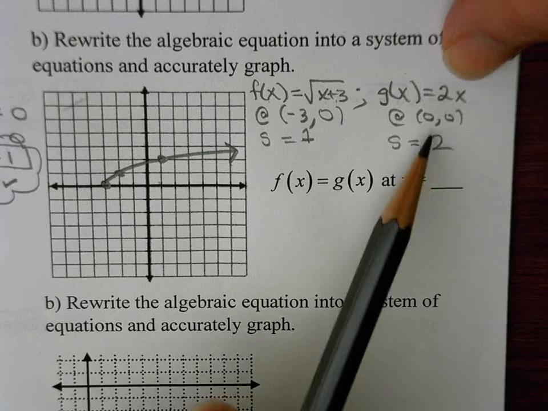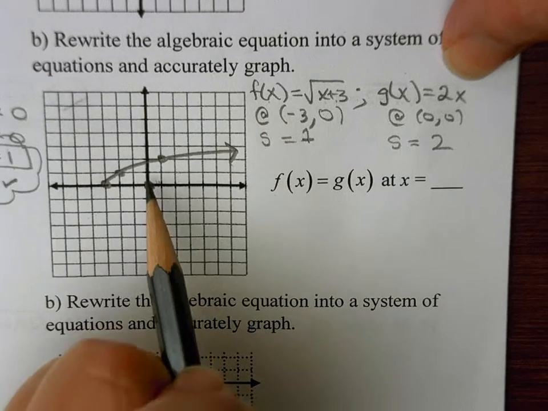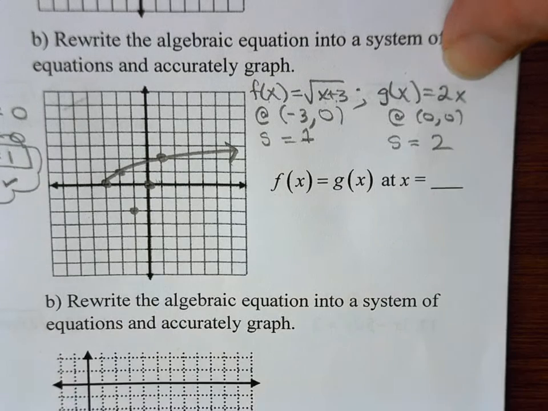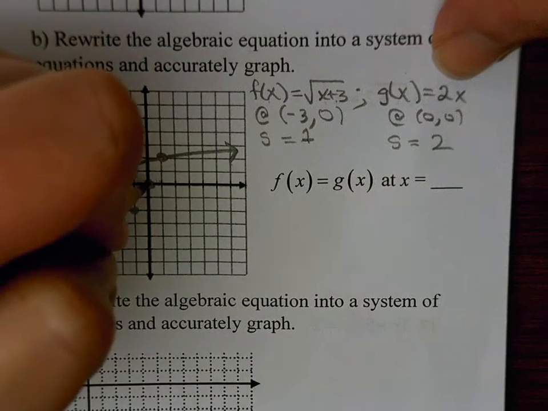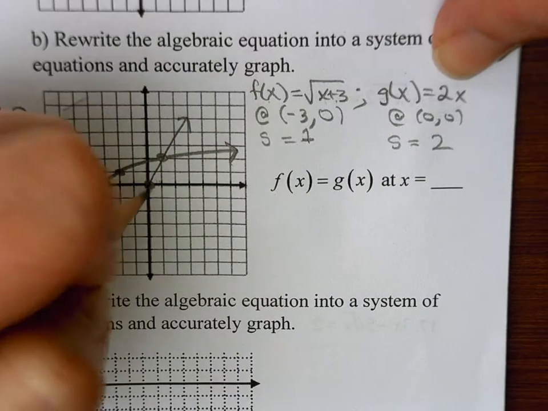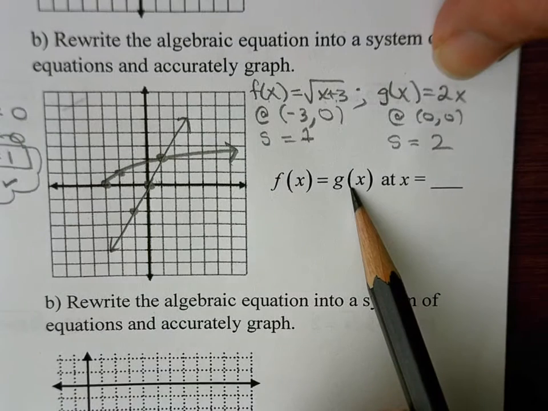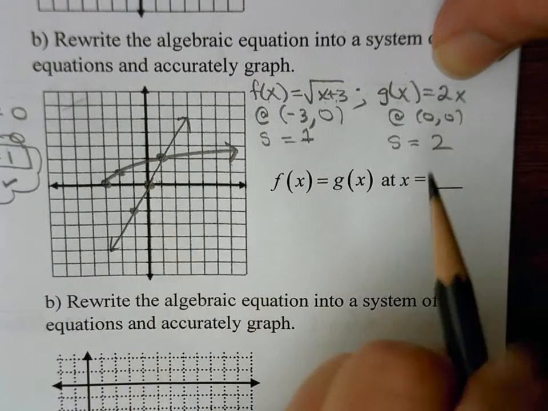So for this graph, my start is at 0, 0, and my stretch is 2, so I'm going to go up 2 over 1. And then I'm also going to go down 2 over 1, because this is linear, because I'm not squaring anything and I have no square root. So then I'm going to connect those dots. And so f of x is equal to g of x where the two graphs intersect, and they intersected here, which was at x equals 1.